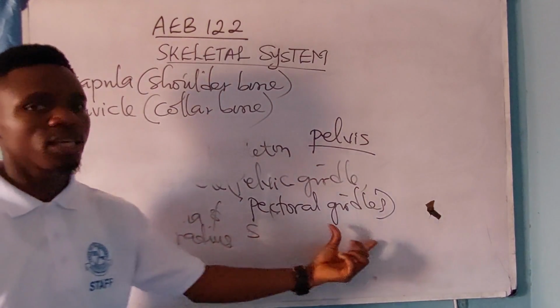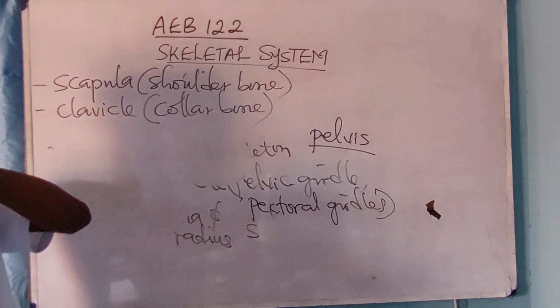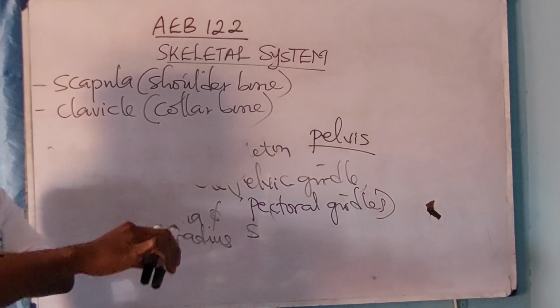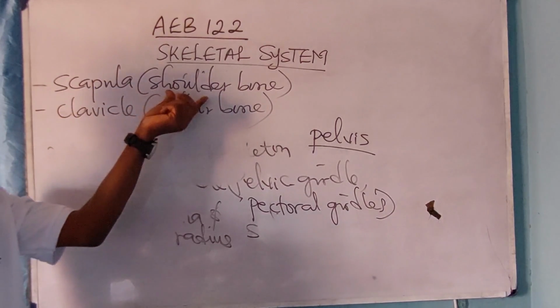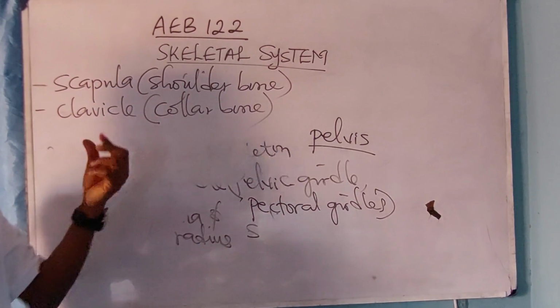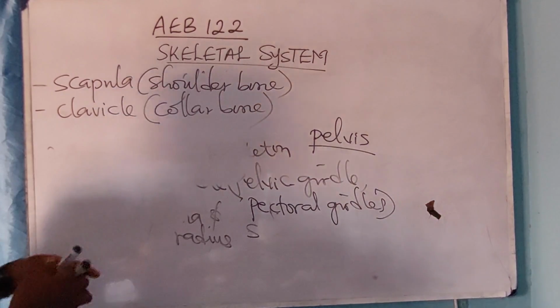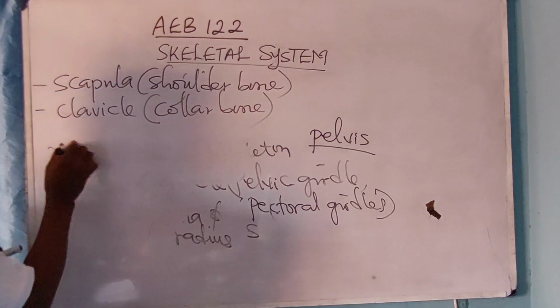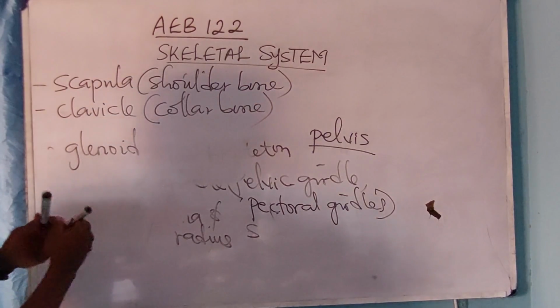Now, the shoulder dislocates because the head of the humerus has been removed from the scapula. The head of the humerus fits into the glenoid cavity. The textbook did not make use of glenoid cavity, okay?